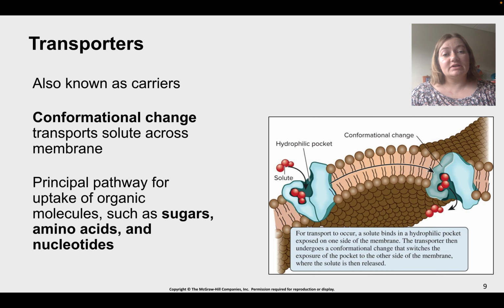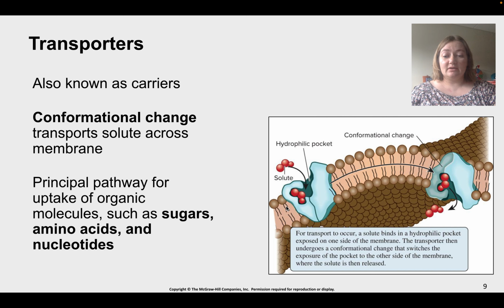All right, the other type of transport protein are transporters, also known as carriers. And these types of proteins, they are not always open. They are not like a tunnel. Instead, they actually change their shape to allow molecules to pass from one side of the membrane to the other. So they go through this conformational change.